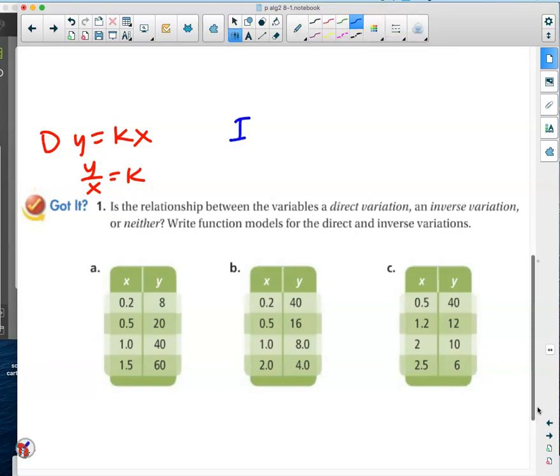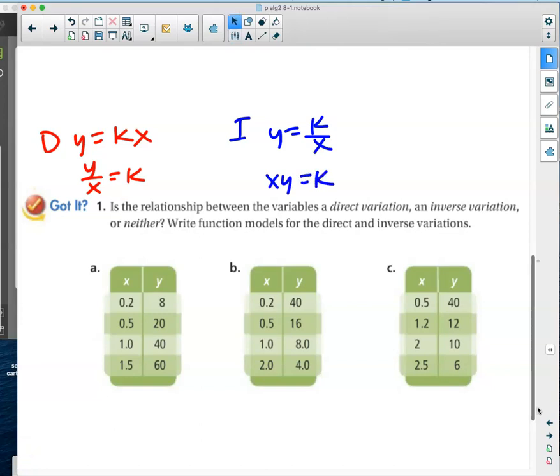Inverse, y equals k over x, but the x's and the y's on the same side actually show multiplication. If you have a calculator, it doesn't have to be a graphing calculator, even if it's a little dollar store calculator, that's going to make this go faster, because I'm going to have you guys tell me, what are you seeing here?